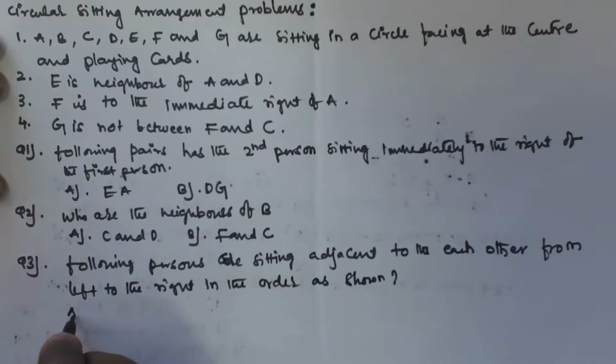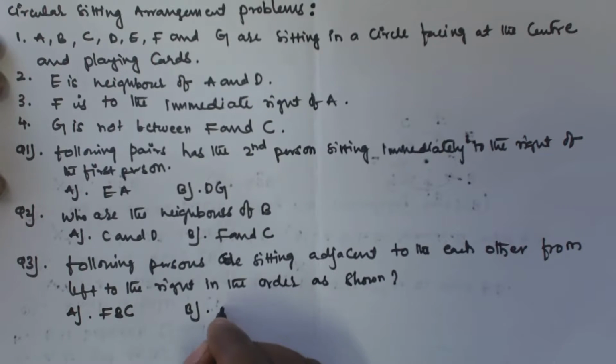The first option is FBC and the second option is EDG, E, D and G. So these are the three questions we have to solve based on the given information.